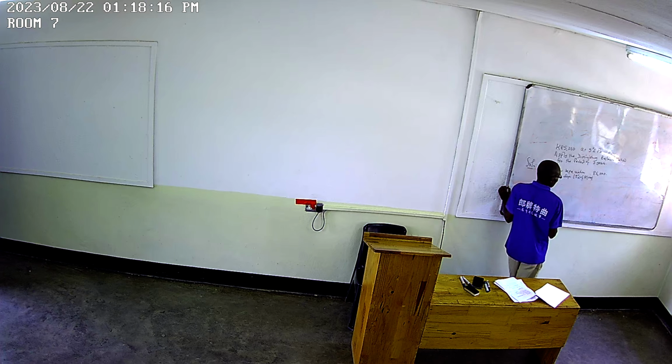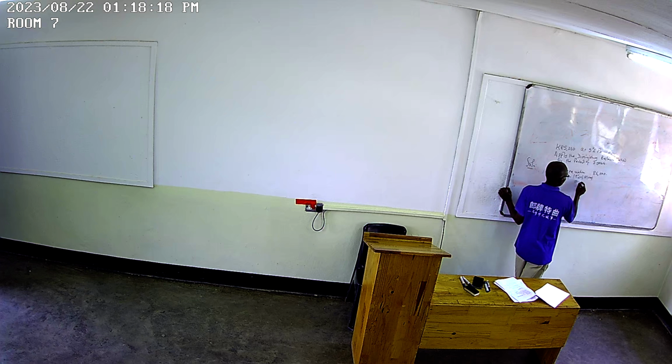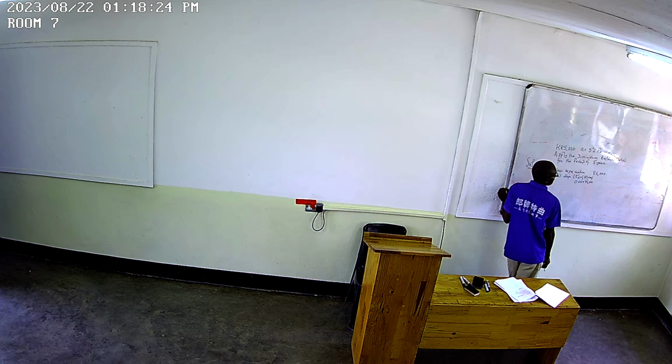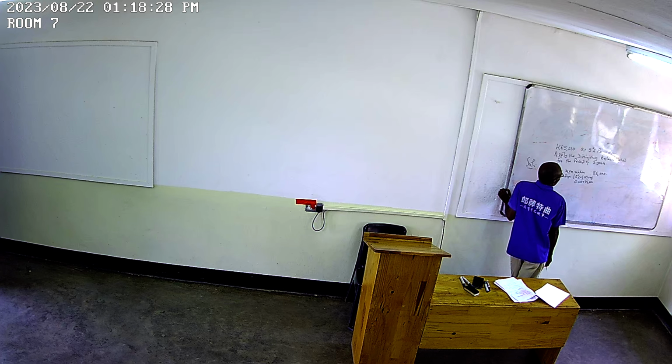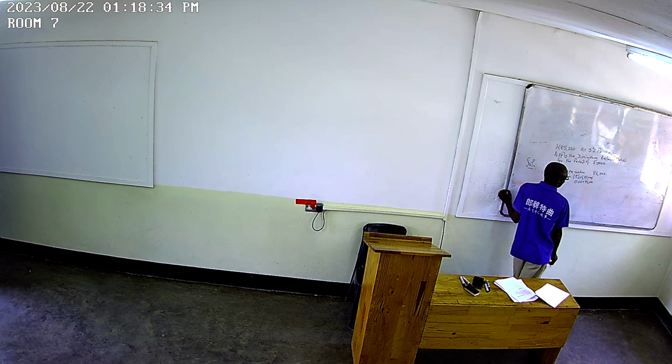You do that like 5% is 0.05 times 85,000. Use your calculator to do that. How much is that? 5% times 85,000 gives you 4,250.